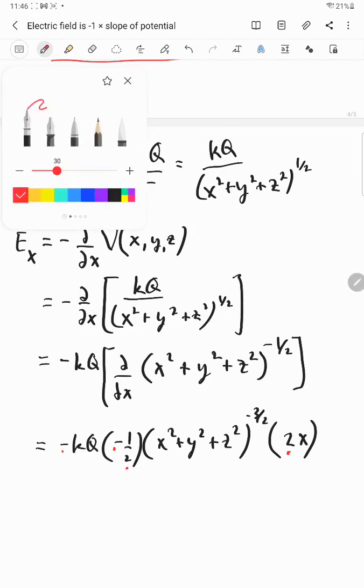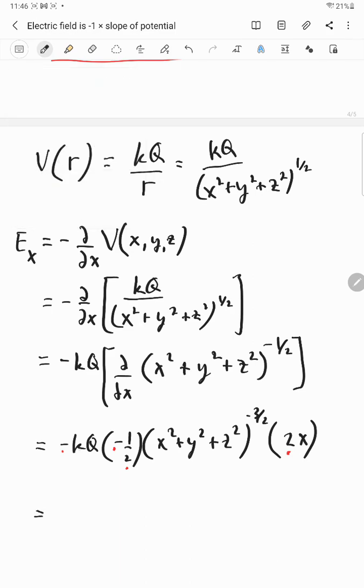So the minus signs cancel and the half and the 2 cancel, and I'm left with kq over x squared plus y squared plus z squared, all raised to the 3/2 power. Man. And then I've got this factor of x.